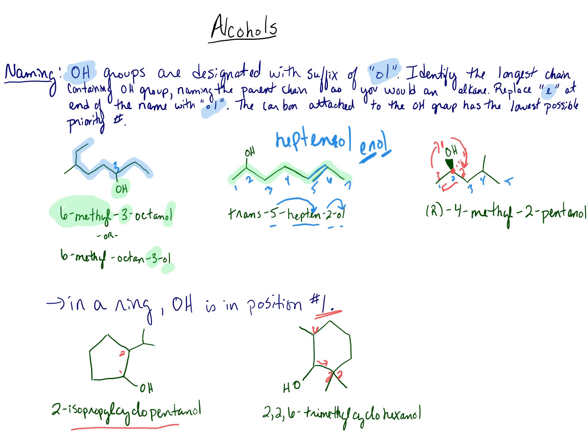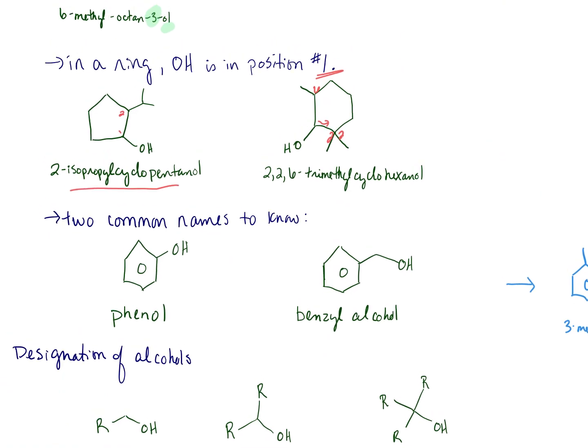Well, the reason why, this is a trimethyl. You don't know where those methyl groups are. One could be on 2, one could be on 3, one could be on 5, or you could have, like we have here, 2,2,6. You have to tell people where each of those are. If you were to say 2,6-trimethyl, that says there's only 2 of them, not 3. Okay? So make sure you put those in.